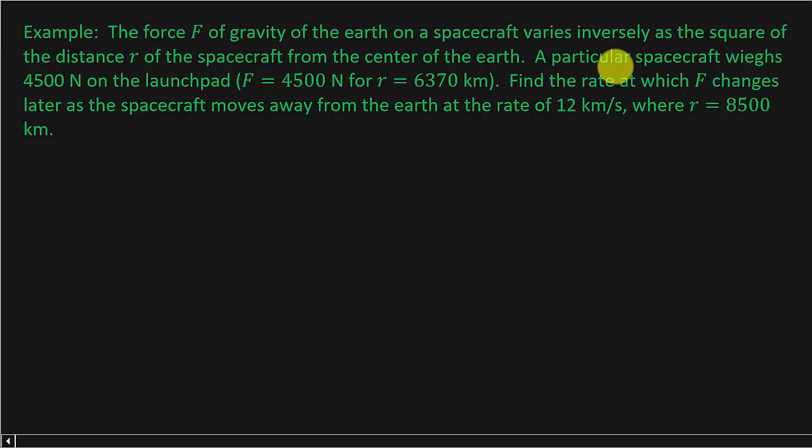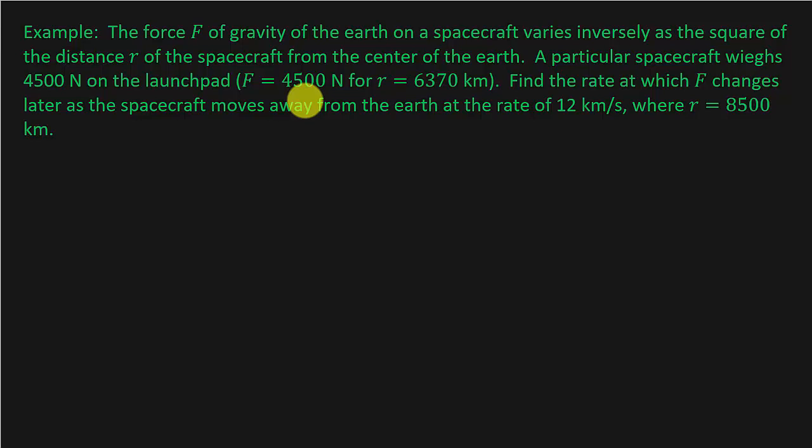F is equal to 4,500 newtons for r equals 6,370 kilometers. They're giving you the radius of the Earth in kilometers. Find the rate at which F changes later as the spacecraft moves away from the Earth at the rate of 12 kilometers per second, where r is equal to 8,500 kilometers.